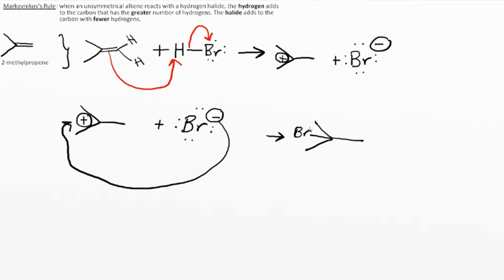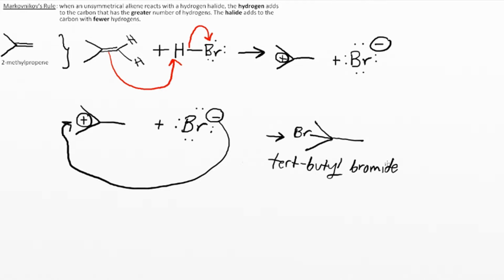So that's the mechanism for 2-methylpropene when it reacts with HBr. You get this tert-butyl bromide. Let me actually write that. So you get this tert-butyl bromide.